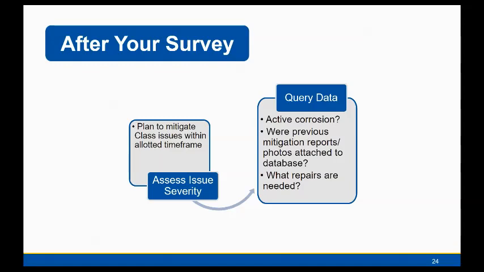Based on the severity, we're going to want to see, is it active corrosion, or is it something that is new, or can we compare to what the corrosion looked like the previous survey as well? And what did some of those other pictures look like? And what were some of the repairs that were either done in the past or that may be needed? This is where your boss is absolutely going to want to know, yes, I know we have a problem, but how big of a problem is it, and how quick do we need to jump on it?